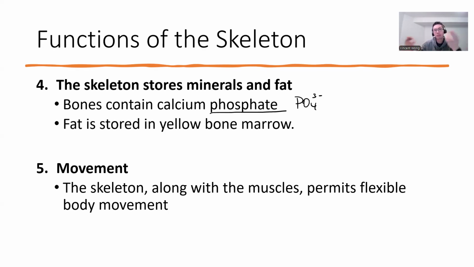I wouldn't call it a mineral, okay, but it's an important component that we store in the bones, and it often will be combined with calcium. Right, so Ca3(PO4)2. We need phosphates for various reasons in the body. Your ATP, for example, adenosine triphosphate, the phosphate is this same phosphate. Right? So we store the phosphate in the bones along with calcium.